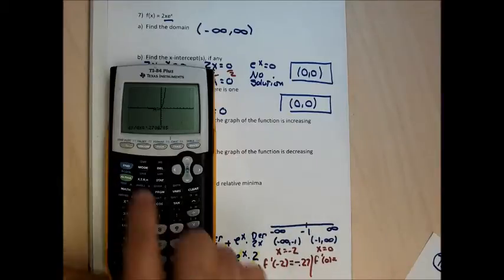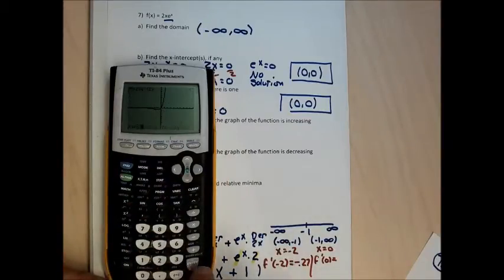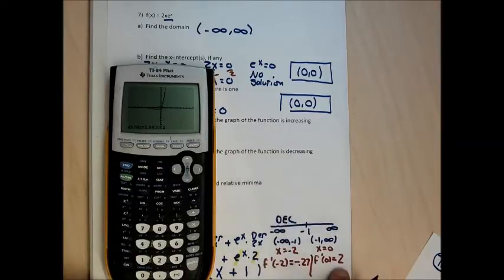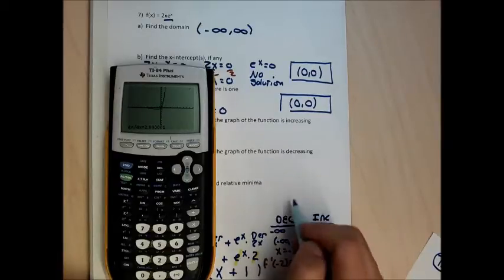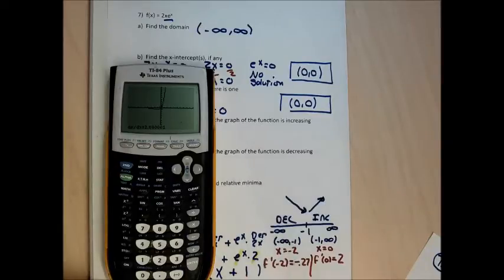And then for f prime of 0, second calc, go down to dy dx, type in 0, and I get +2. So first interval, because I got a negative, the graph is decreasing. Second interval, because I got a positive, the graph is increasing. So the graph does something like this. It decreases, and then it increases.